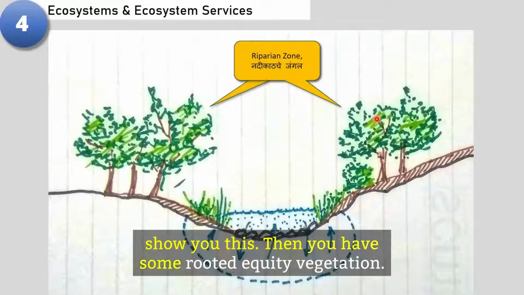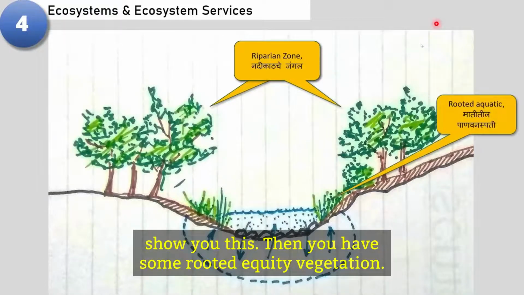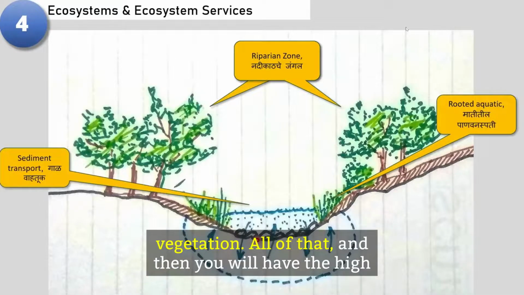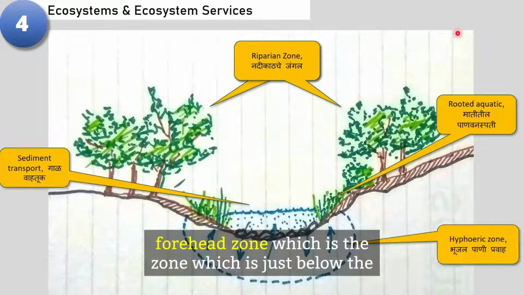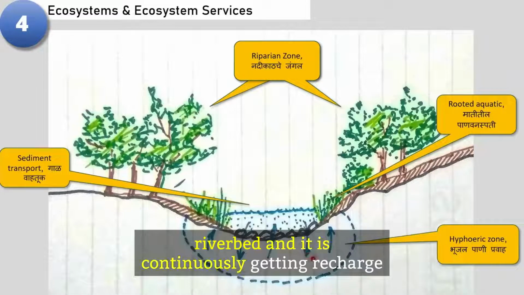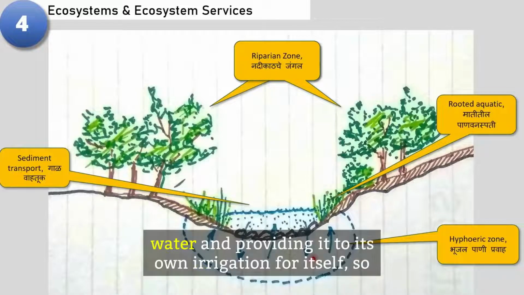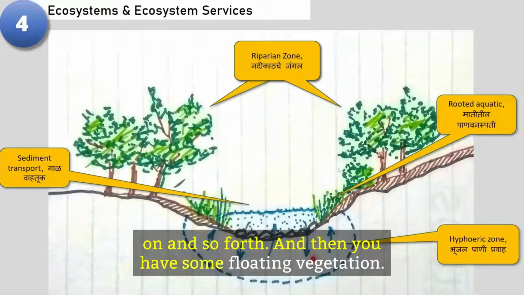Then you have some rooted aquatic vegetation, then you will have some sediments, floating aquatic vegetation, all of that. And then you will have the hyporheic zone, which is the zone just below the river bed. And it is continuously getting recharged from that. The riparian zone is sucking the water and providing it for its own irrigation, and so forth. Right, and then you have some floating vegetation.